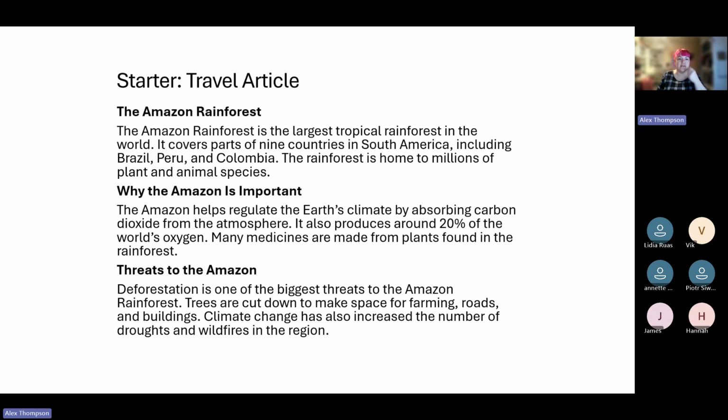Okay, so it says here, deforestation is one of the biggest threats to the Amazon. Trees are cut down to make space for farming, roads, and buildings. It said the reason for deforestation, didn't it? Yes. What is the cause of deforestation? So the cause is that trees are cut down for either farming, roads, or buildings. Okay.